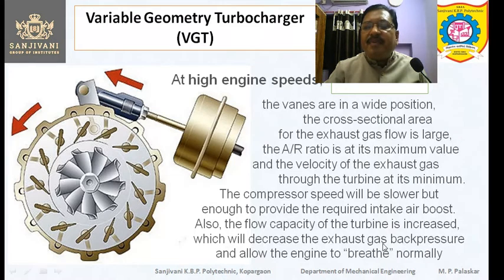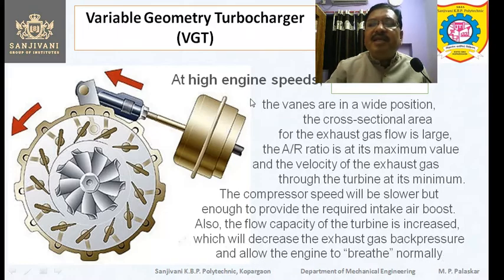Also the flow capacity of the turbine is increased. Since the area is increased, the flow rate will be increased. Flow capacity of the turbine is increased, which will decrease the exhaust gas back pressure. So the exhaust gas back pressure will be reduced, and the engine will be allowed to breathe normally.